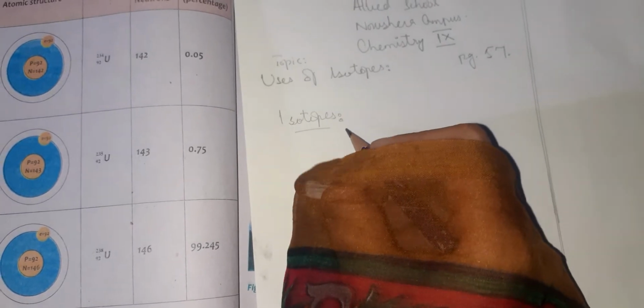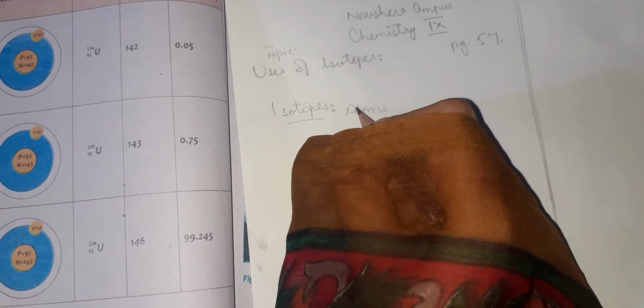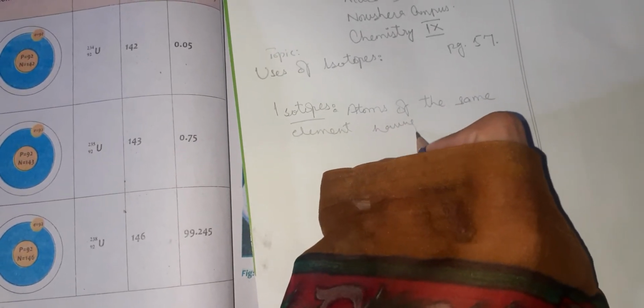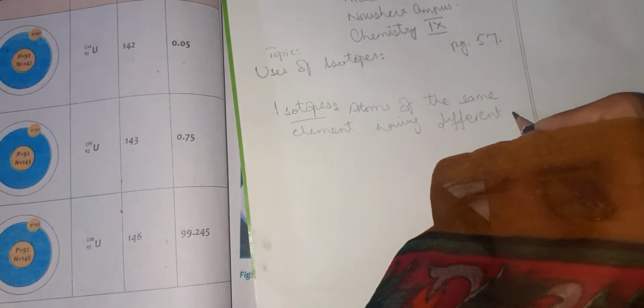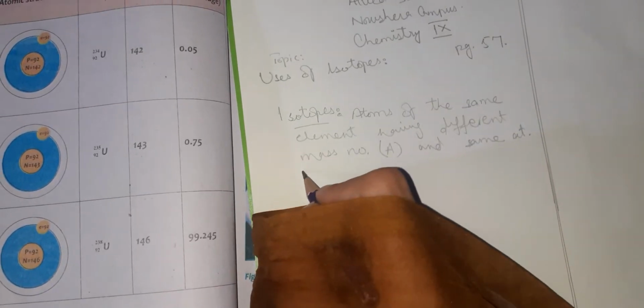What we learned was that isotopes are atoms of the same element having different mass numbers, which is denoted by A, and the same atomic numbers. Atomic number is denoted by Z.